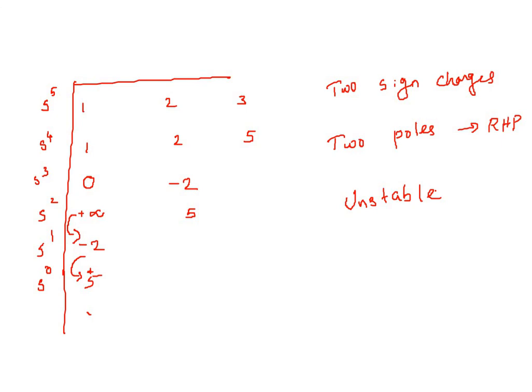After that you have to apply the limit epsilon tends to 0 and check if there are any sign changes in the first column of the root table. If there are sign changes, the system is unstable. If there is no sign change and all elements are positive, then the system is stable.